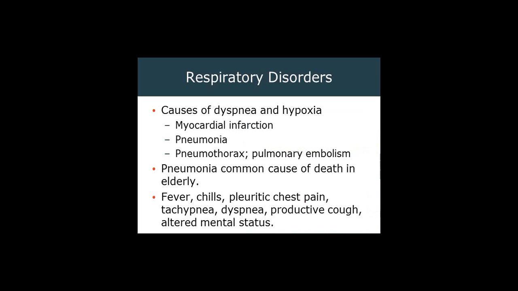Pneumonia is probably one that we need to pay the most attention to because it is one of the most common causes of death in the elderly. Very, very frequently we will respond to nursing homes for patients who have complaints of difficulty breathing, chest discomfort, fevers, chills, and so on and so forth, only to find out that eventually they are diagnosed with a pneumonia.